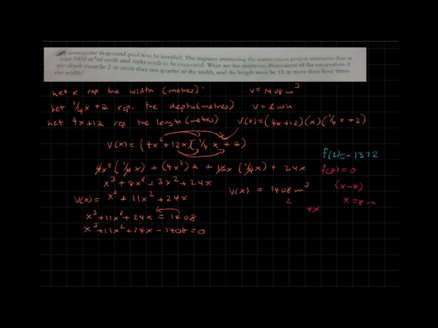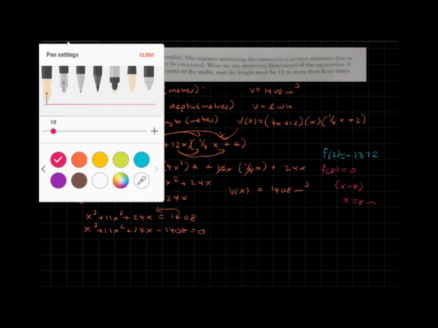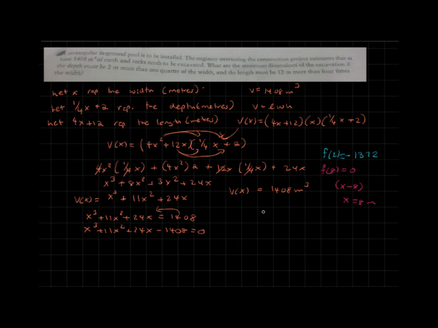Let's do synthetic division to see if there are any other potential factors, right? You're going to do the synthetic division setup where we know one of our factors is 8. This is x cubed, this is x squared, x to the power 1, x to the power 0. I'm going to write the coefficients. There's a 1 here, there's 11 here, there's a 24 here, and there is a negative 1408 here.